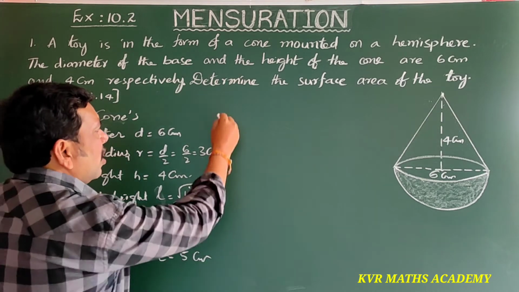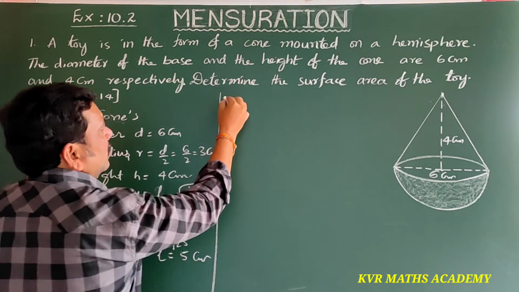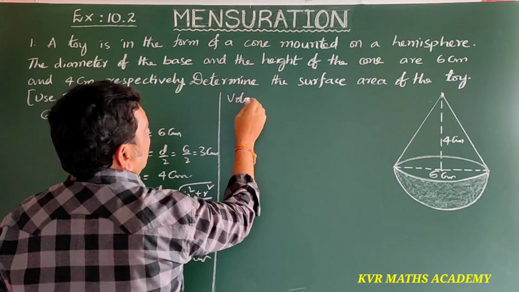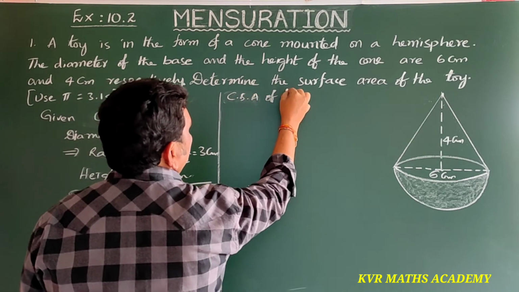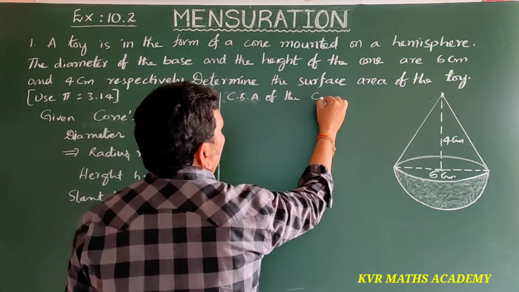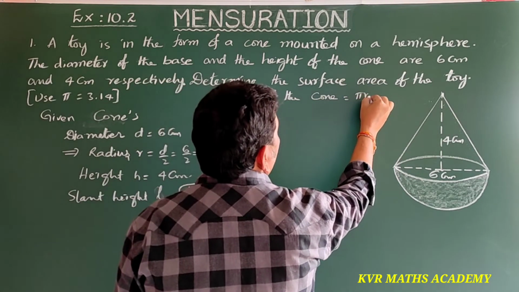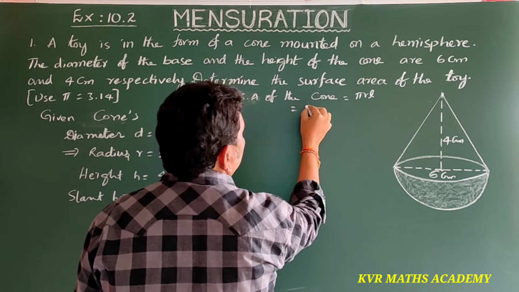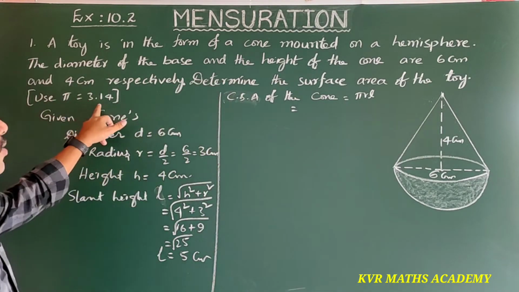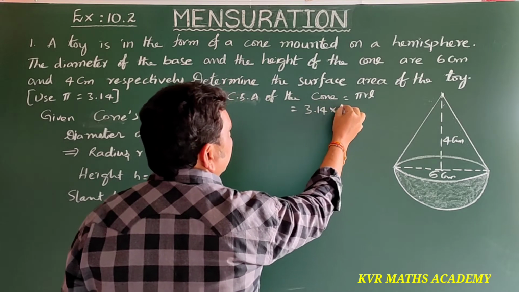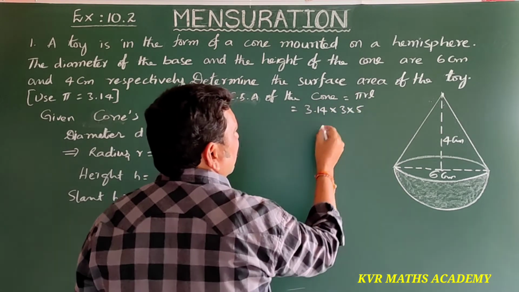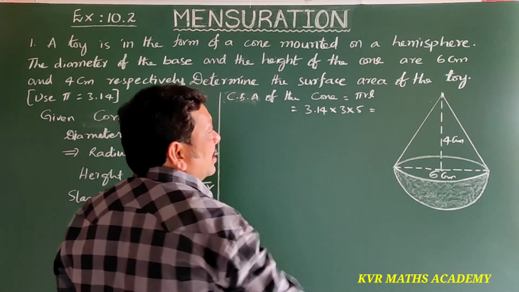Now the CSA of the cone. What is the formula? Pi r L. Here pi is equal to 3.14, so 3.14 into radius 3 into slant height 5. 5 3s are 15.